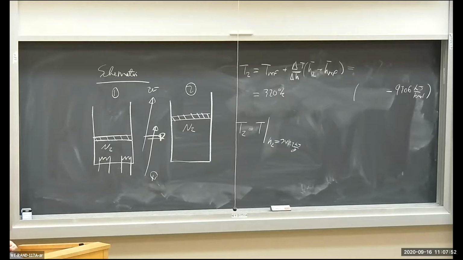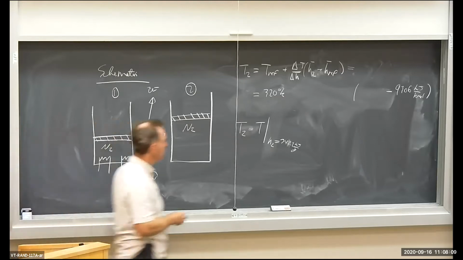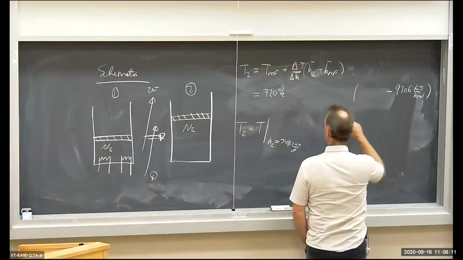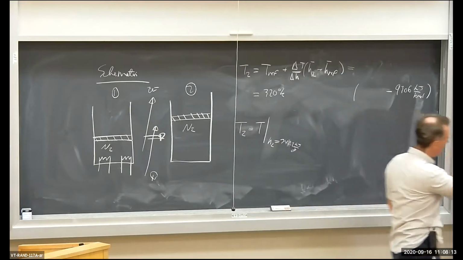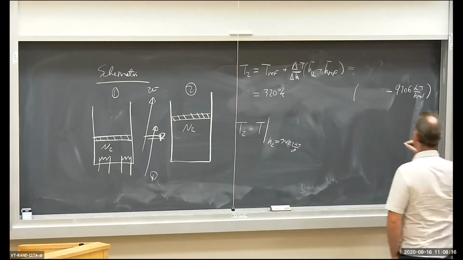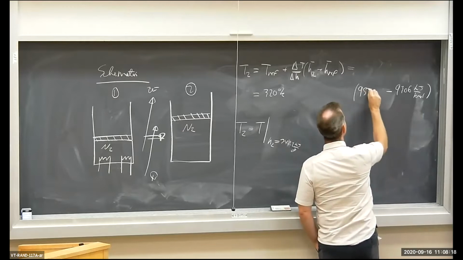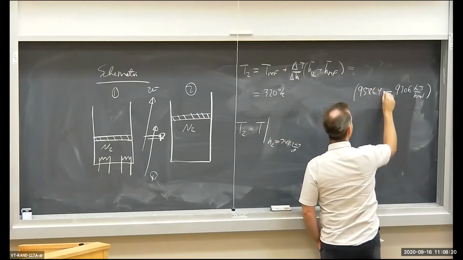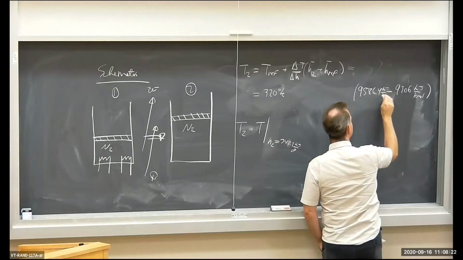Let me make sure I've got the right tables here. 320, yes. 9306, that looks good. My actual enthalpy is 9586.4 kilojoule per kilomole.